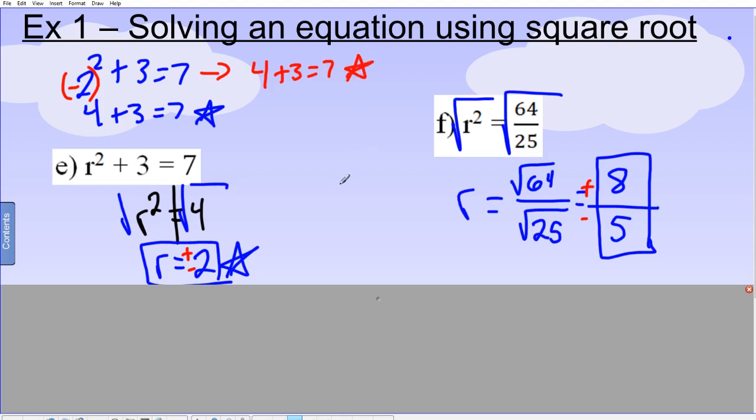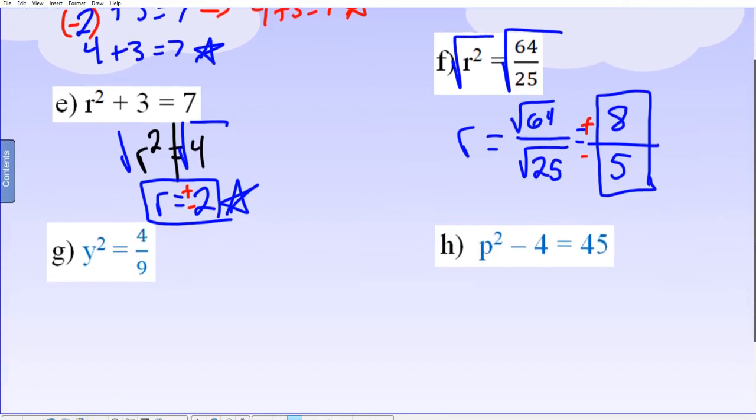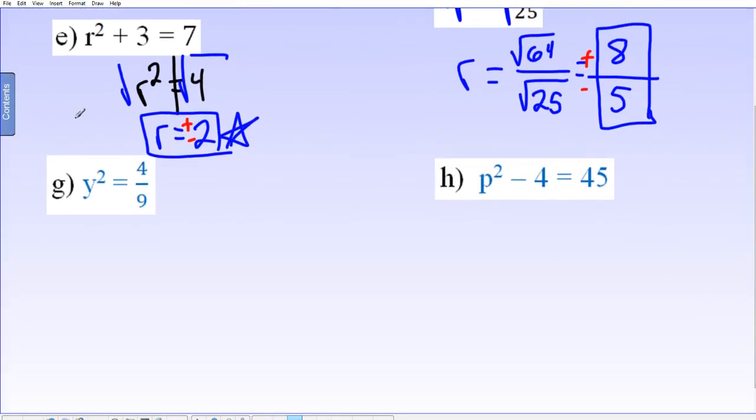Yes, it does. So both a positive 2 and a negative 2 work in this problem. And that will be true for all of these problems that we're doing square roots on. Okay, so I'm reminding you, and I forgot here, so I made sure to throw it in. It's both positive 2 and negative 2.